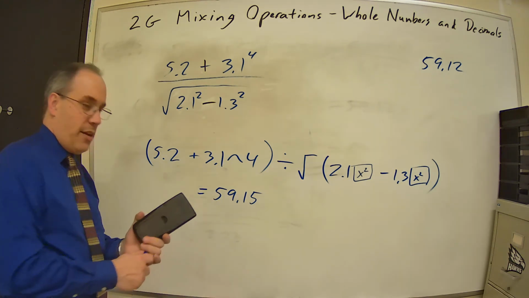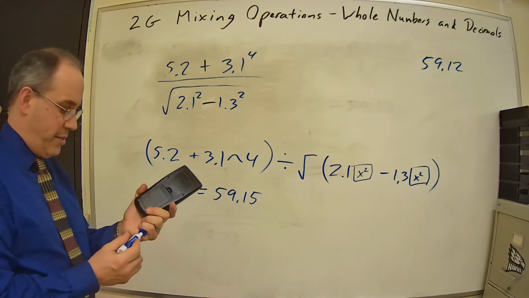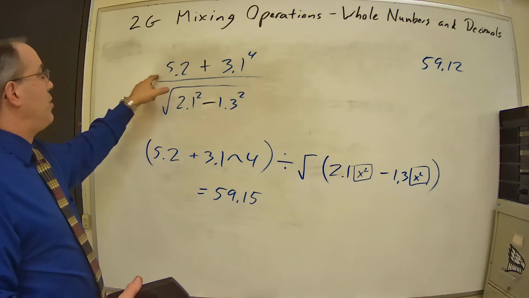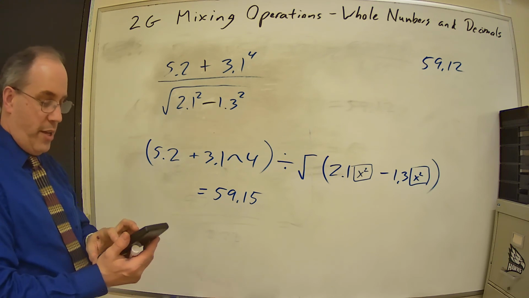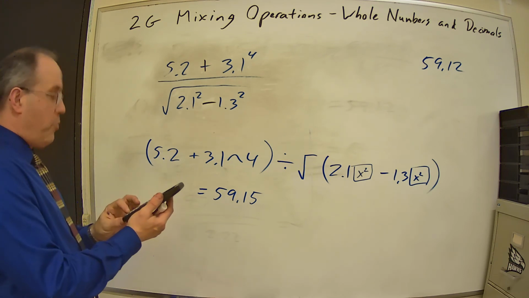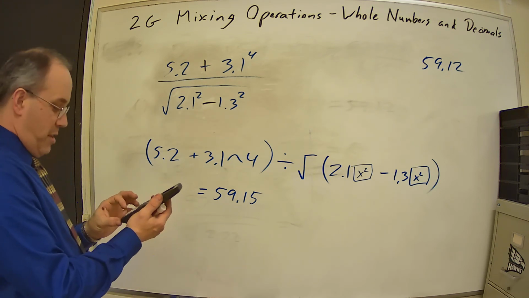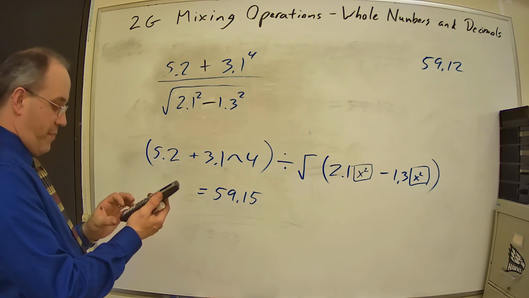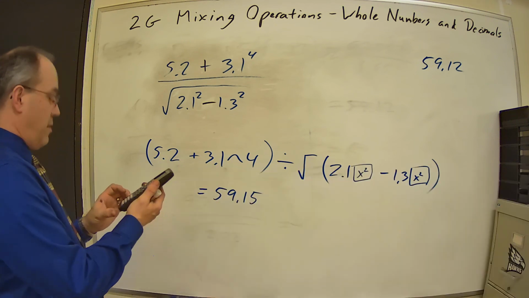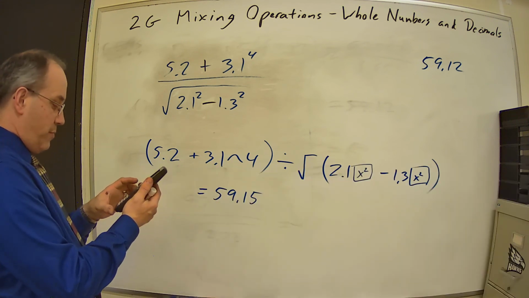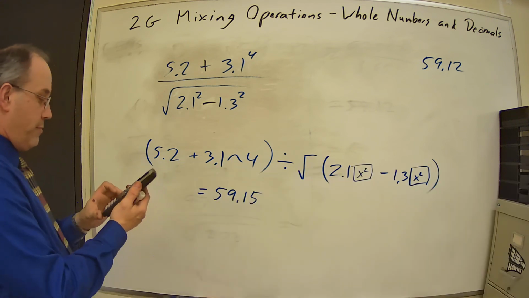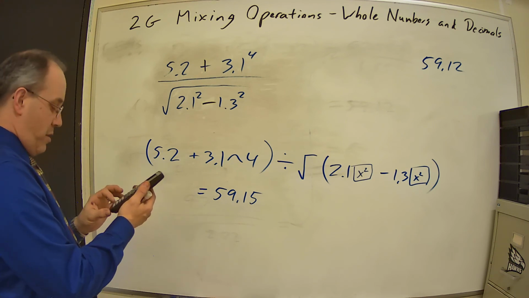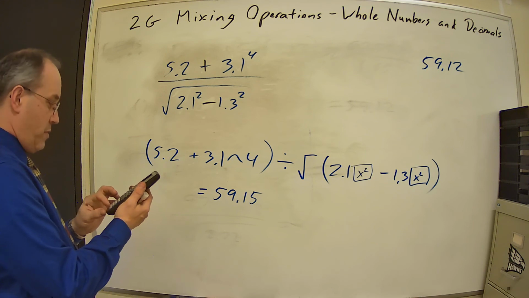If I just, and I'm going to switch over to my red pen for this, to write this final answer down, if I just plug this in as I see it right there, 5.2 plus 3.1 raised to the fourth, divide, square root, 2.1 squared minus, oops, hit the wrong button there.